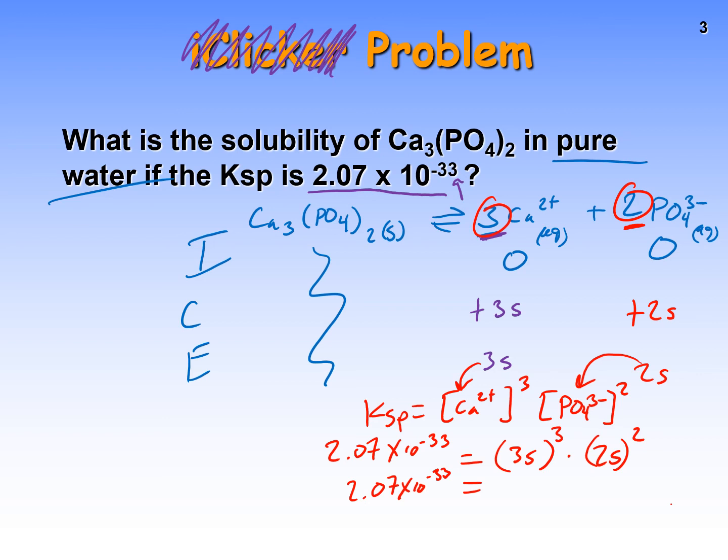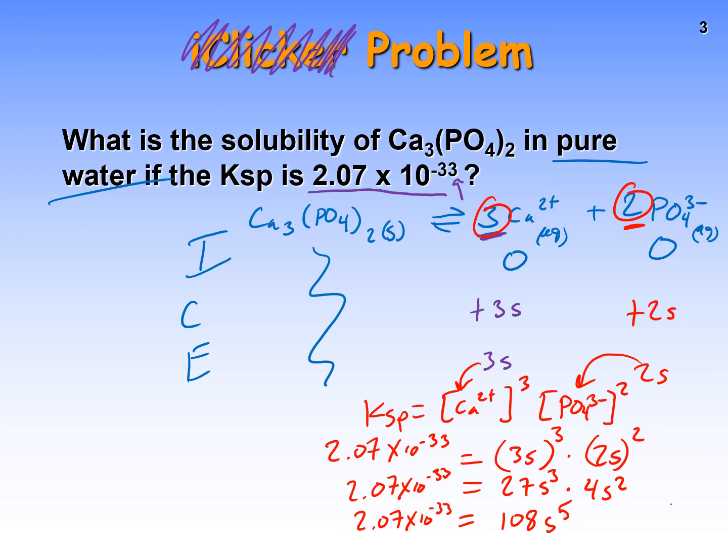And on the other side, we get 27S cubed times 4S squared, or 108S to the power of 5.